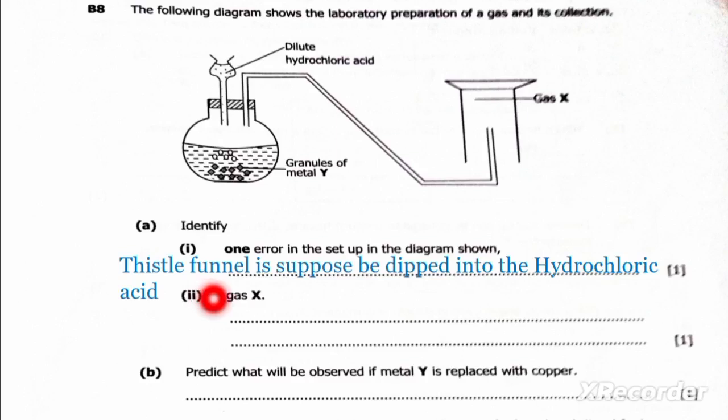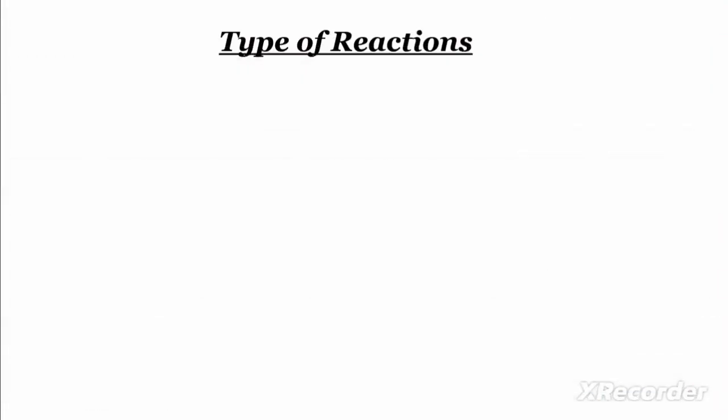Roman numeral 2, gas X. So the types of reactions. Remember, I talked about the reactions. Last time we looked at 20 reactions.